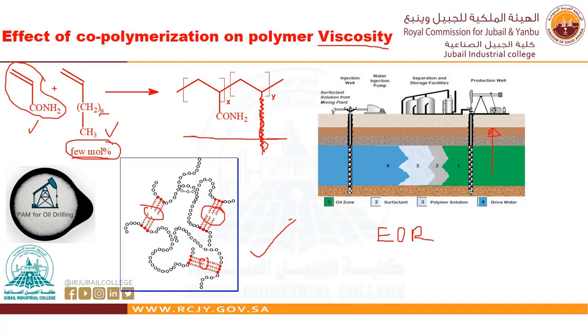You see, naturally, oil initially comes out because of the pressure build-up on the ground, but after some time the oil is still in the ground, but the pressure is not enough to bring it out. So this is called secondary recovery. You have to use a method to recover the remaining oil, and that is called secondary oil recovery. One way to achieve this is to use a very high viscosity polymer.